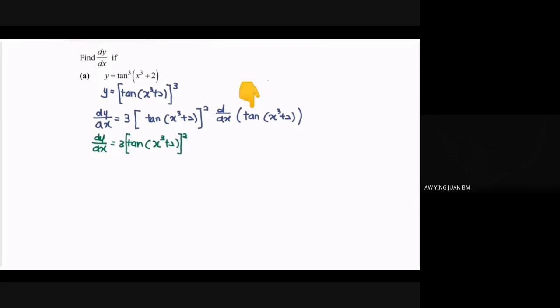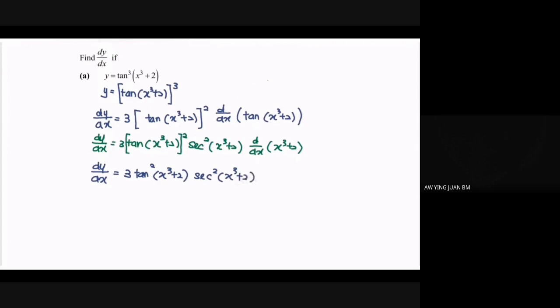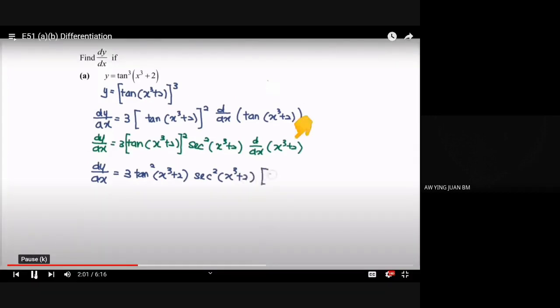Differentiate tangent and we will have secant square bracket x cubed plus 2. Again, we are going to differentiate x to the power 3 plus 2 with respect to x. So we will have dy dx equals to 3 tangent square bracket x to the power 3 plus 2, secant square x to the power 3 plus 2, differentiate x cubed plus 2 and we will have 3x square.